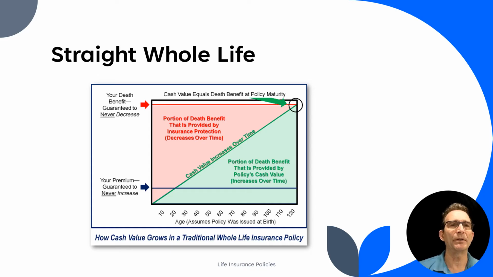And this is part of the attraction of a whole life policy. There's never any wonder, will the policy be there or not actually at the point of death? And we saw that with term policies that are defined for a specific term of time, the difference with whole life is that it's literally there for the insured's entire life. So the beneficiaries are guaranteed in that sense to receive that death benefit.